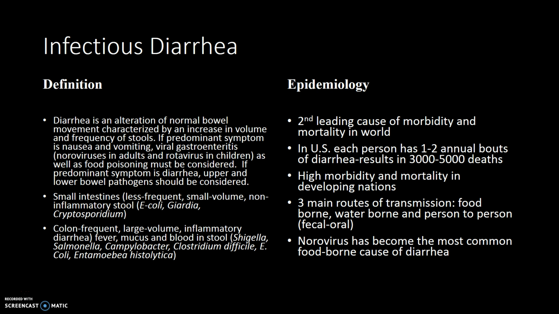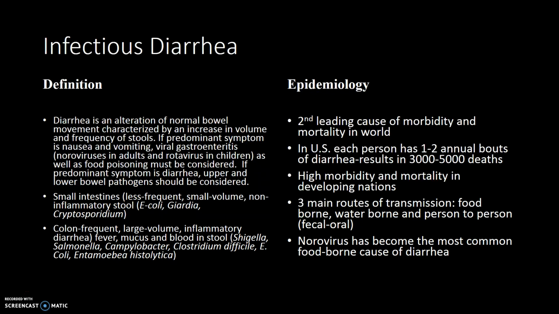If the predominant symptom is diarrhea, then an upper or a lower bowel pathogen should be considered. When you're considering the small intestine being the origin of the diarrhea, remember that those patients will present with less than 6 bowel movements in a 24-hour period, small volume, and non-inflammatory. Some of the causes of that are E. coli and Giardia.